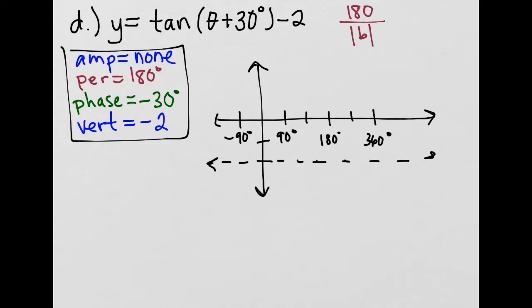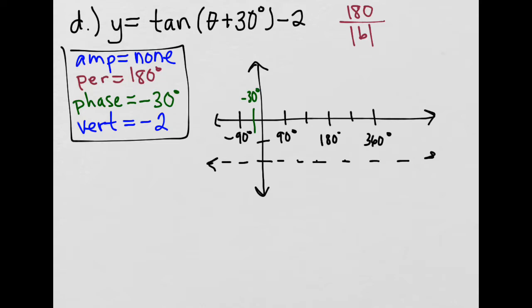So instead, let's do green. Instead of going through 0, 0, we're moving down 2, so that'll be 0, negative 2. And then we're moving back 30 degrees, so that'll be 0, negative 30. So I'm going to draw that there, negative 30 degrees.